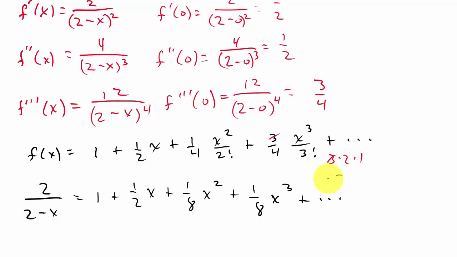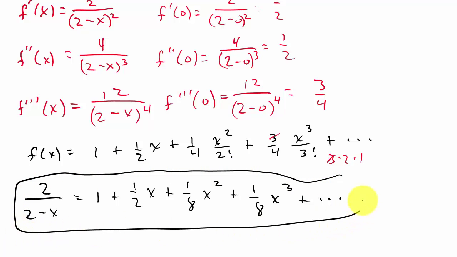And so this would be the Maclaurin expansion for 2 over 2 minus x.